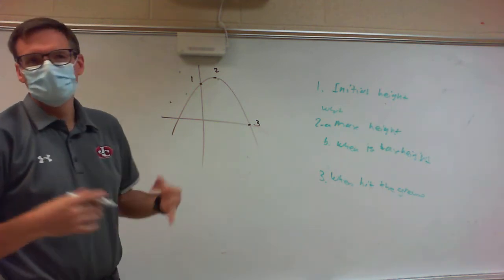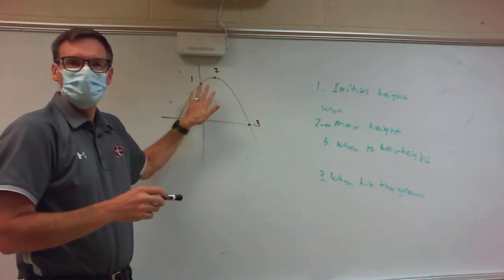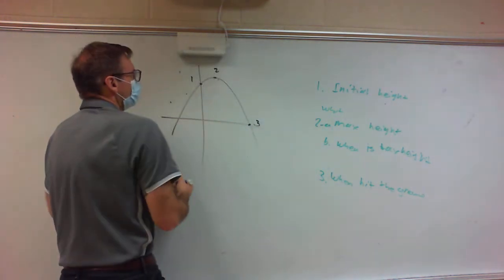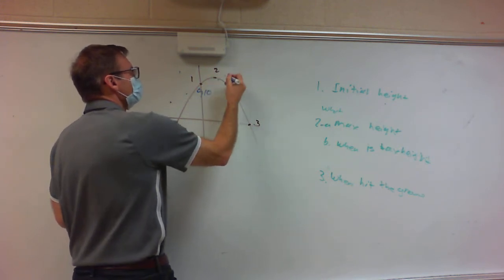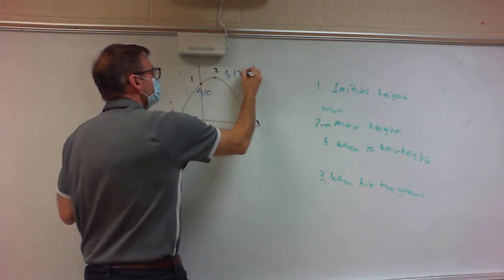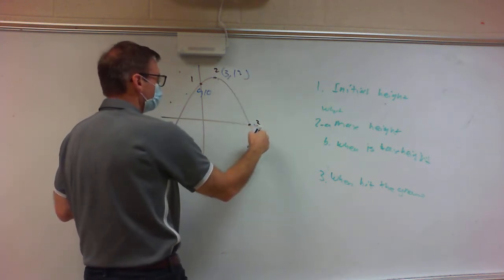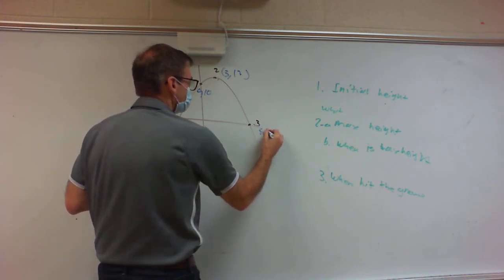Now, just so we have an idea of what's going on, I'm going to create coordinates, right? Some dots up here. Let's say this is the coordinate (0, 10). Let's say this is the coordinate (3, 12). And let's say this is the coordinate (8, 0).